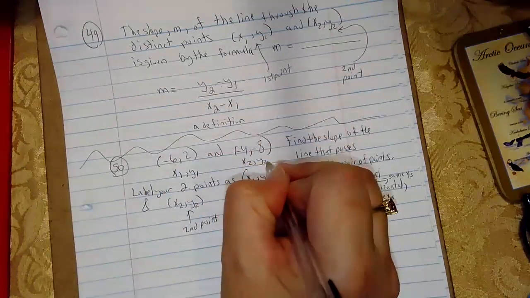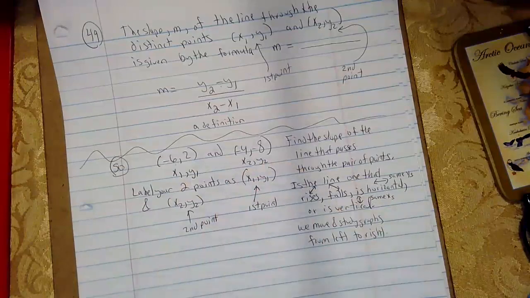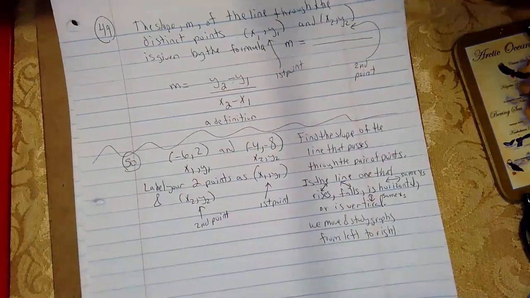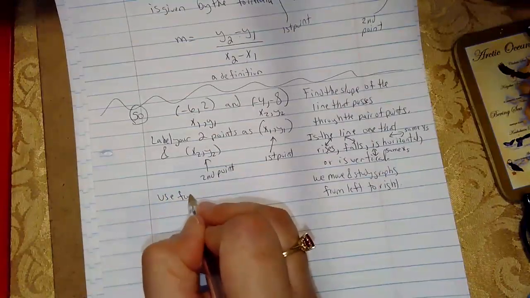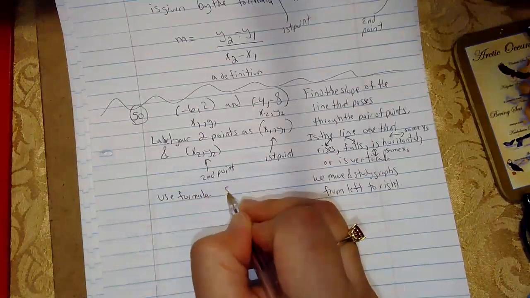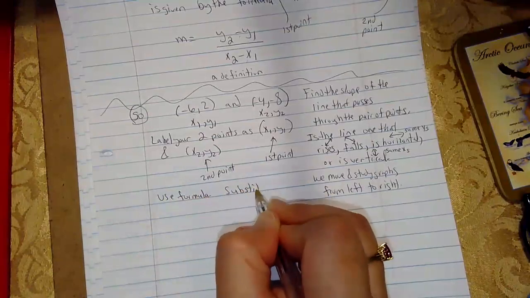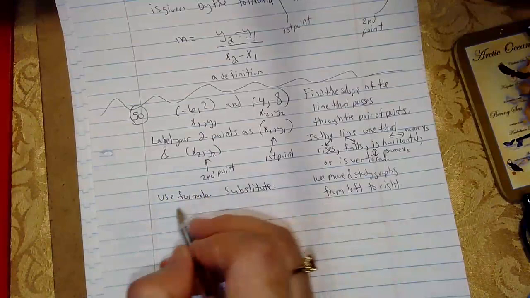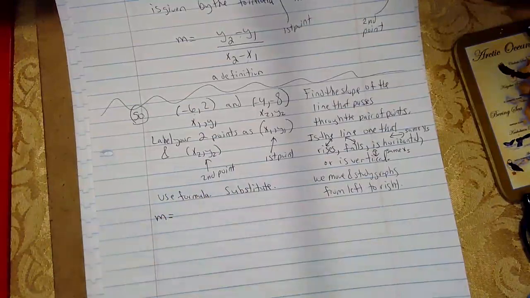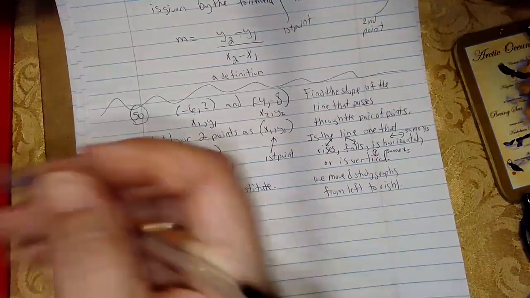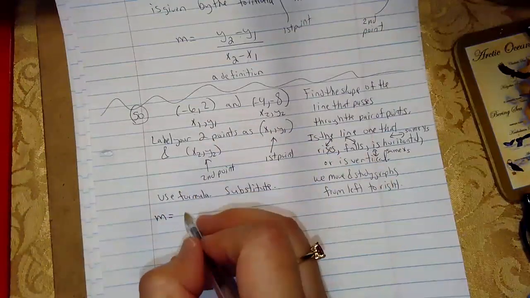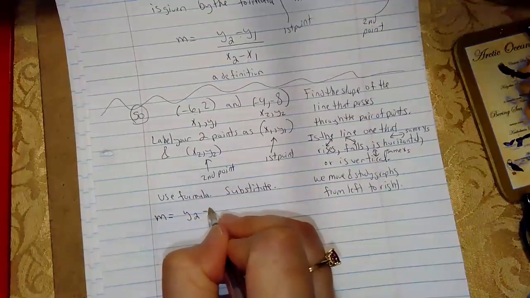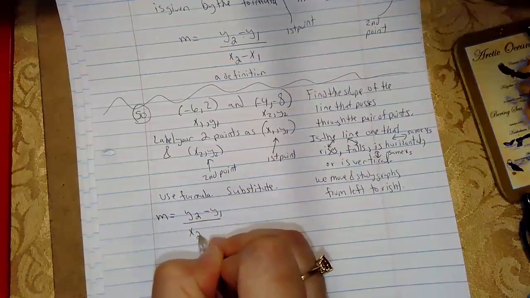First point, second point. Okay, then you have to use the formula, and then you have to sub, which is short for substitute. It's good if you're allowed to use the printouts. You don't have to have the formula memorized. You just go to your pages, and you have to be familiar with your work. y2 minus y1, over x2 minus x1.